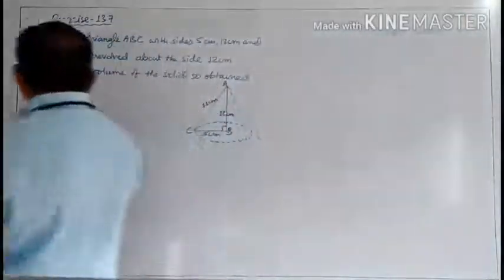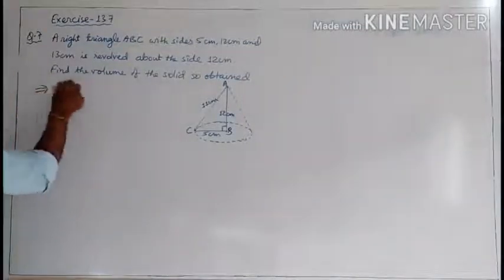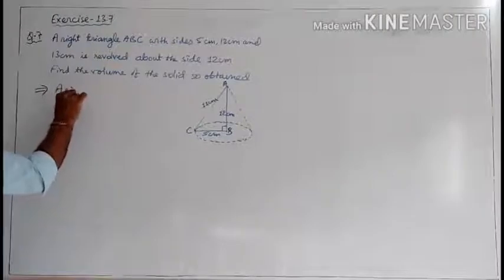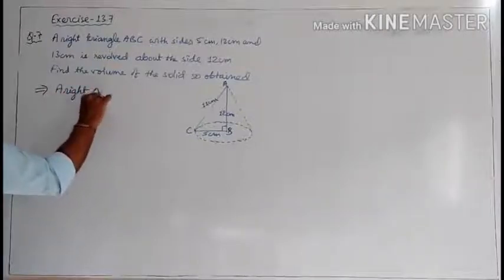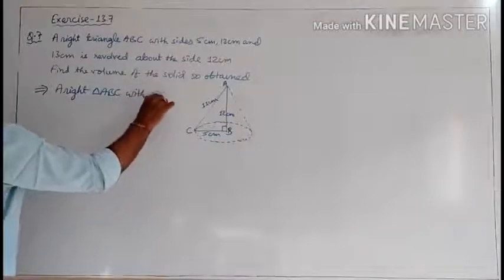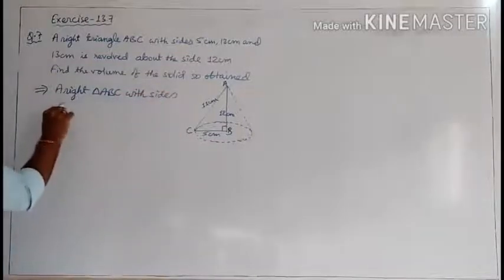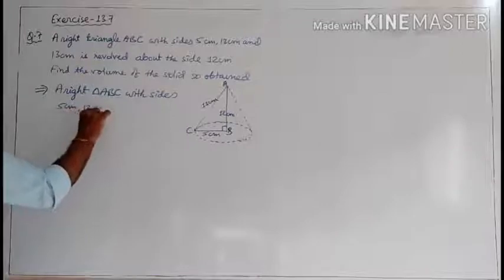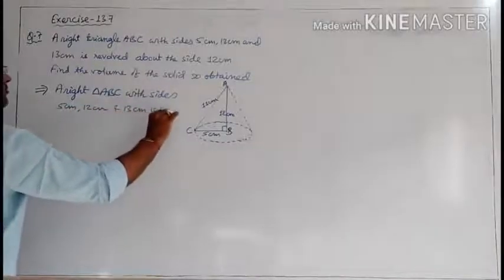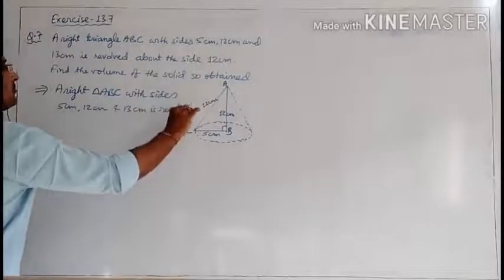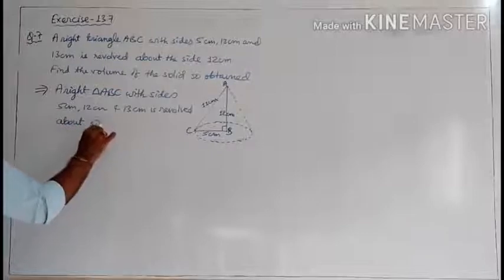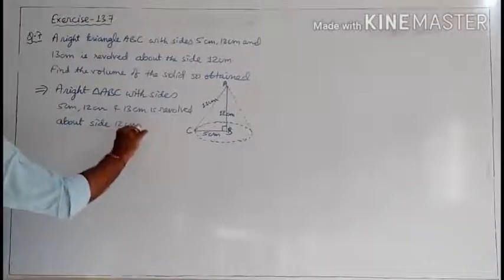So here is a right triangle ABC with sides 5 centimeter, 12 centimeter and 13 centimeter, revolved about side 12 centimeter.